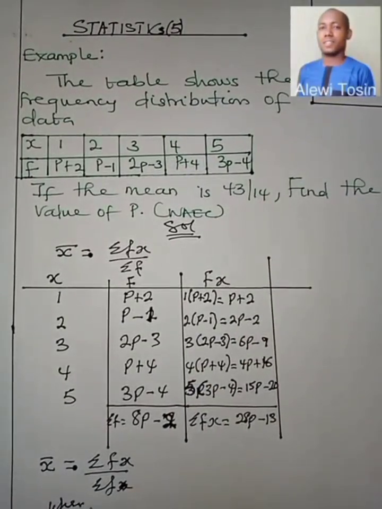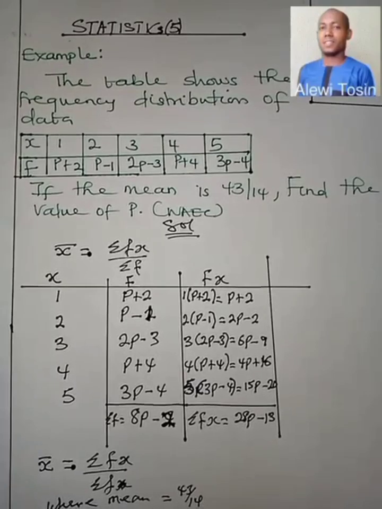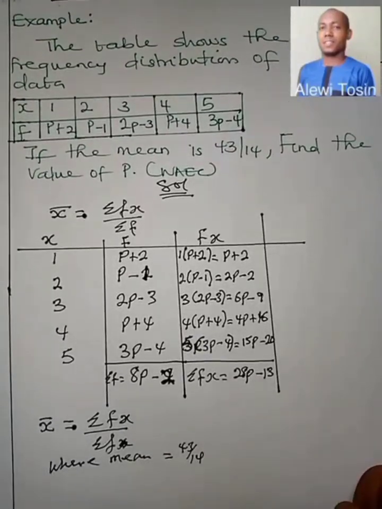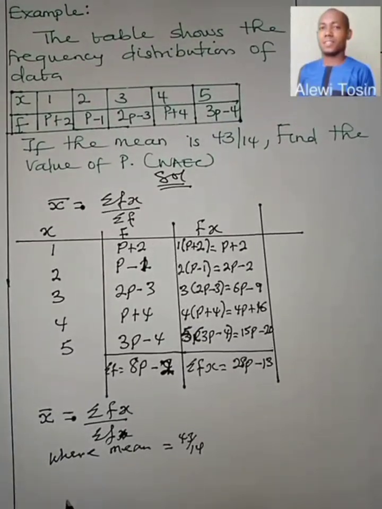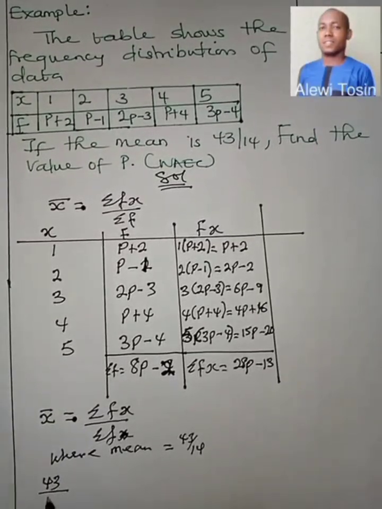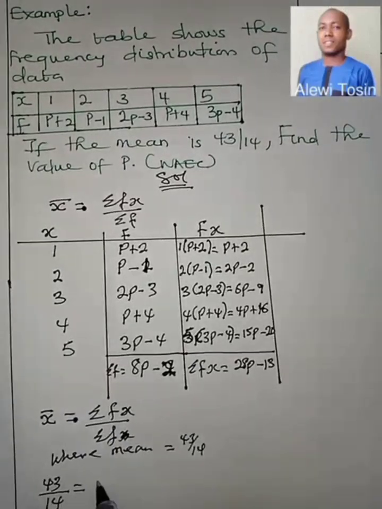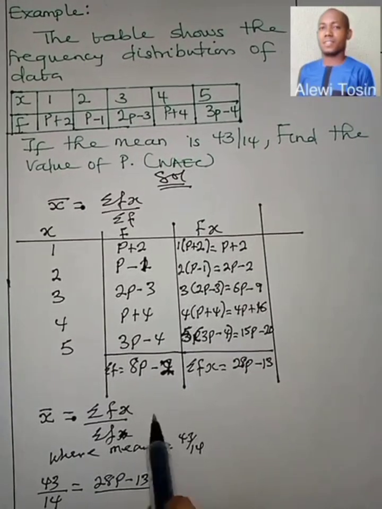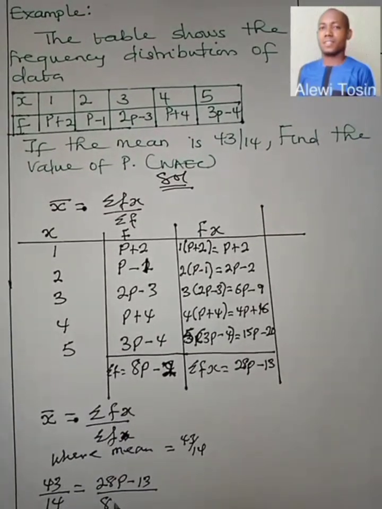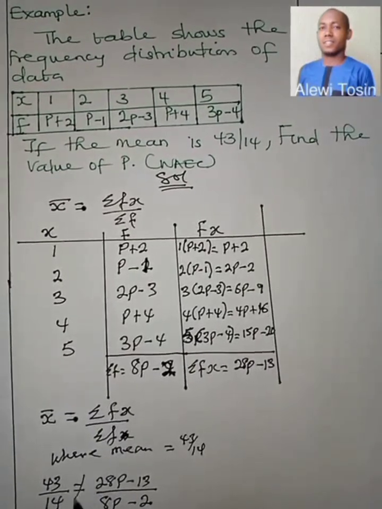So 43 over 14 is equal to summation fx, which is 28p minus 13, over summation f, which is 8p minus 2.